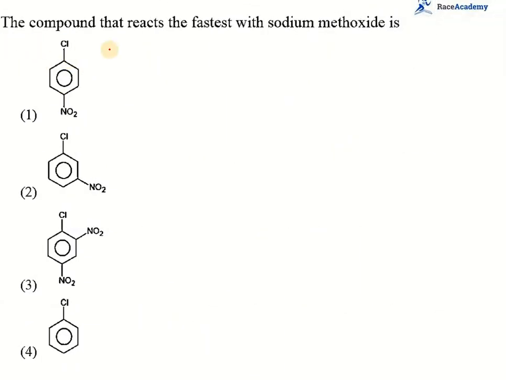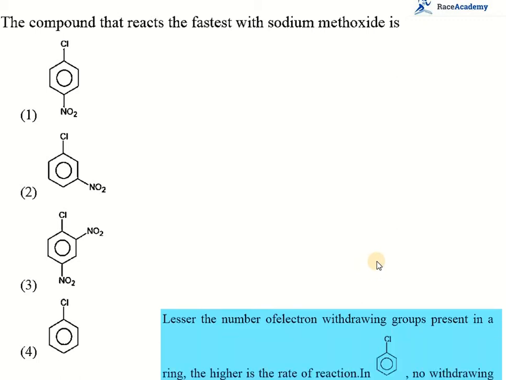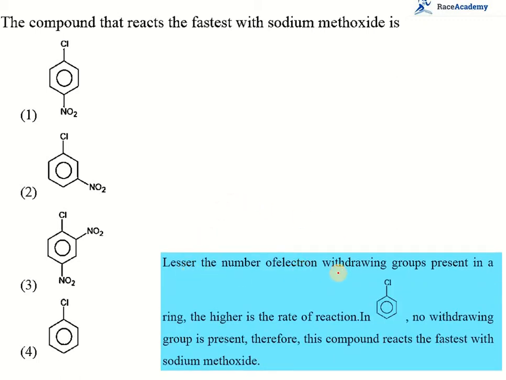Next question: the compound that reacts the fastest with sodium methoxide. See, the lesser the number of electron withdrawing groups present in the ring, the higher is the rate of reaction. That means NO2 groups attached to this halo arene give faster reactions.